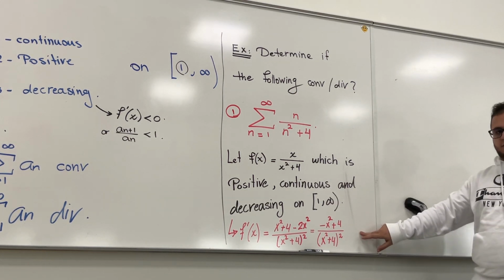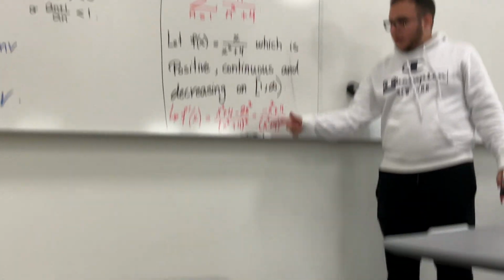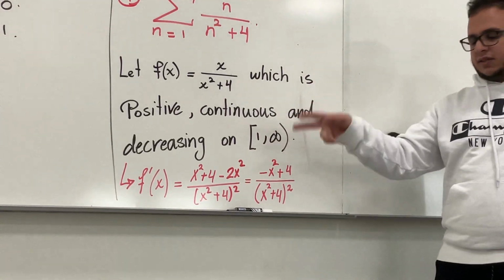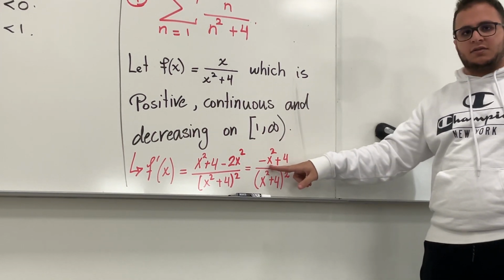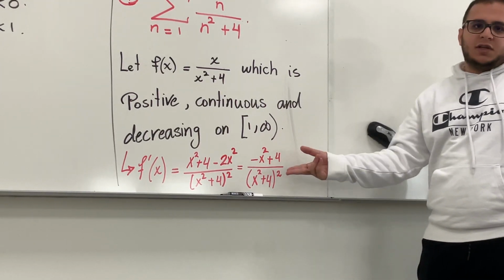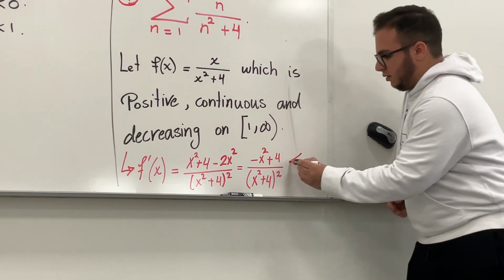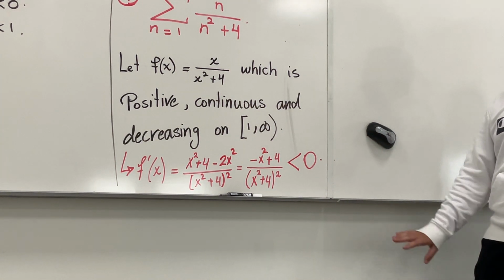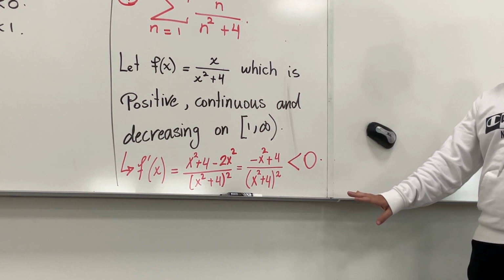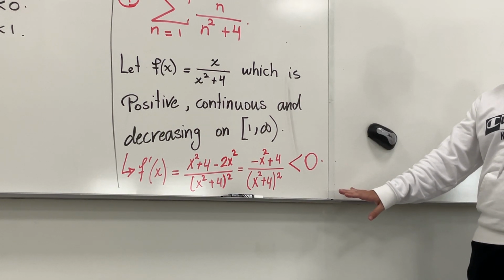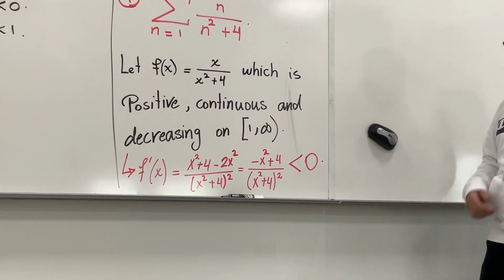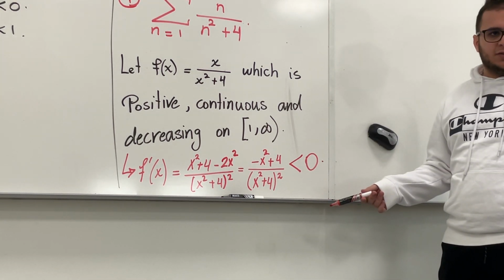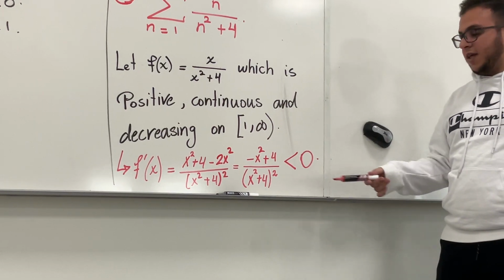Is this always negative? The denominator is always positive, and x is between 1 and infinity. So like, let's say 5, 6, 7, minus a big number plus 4 is still minus, and over a positive is negative. Is that clear? Can you see the derivative is always negative? Well, if you plug in 1 or 2, it is positive, right? But what we care about is what?